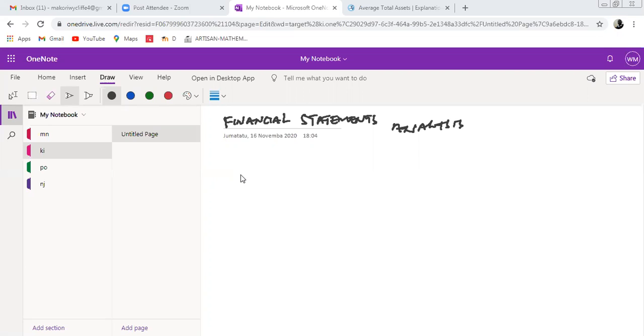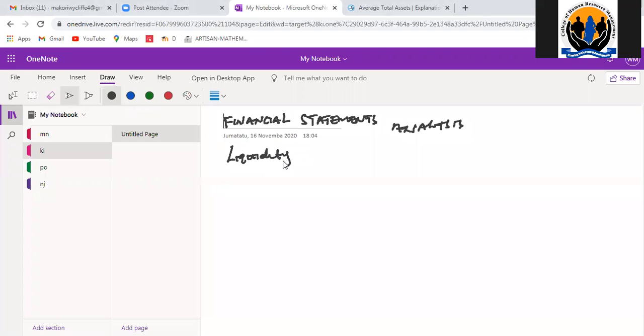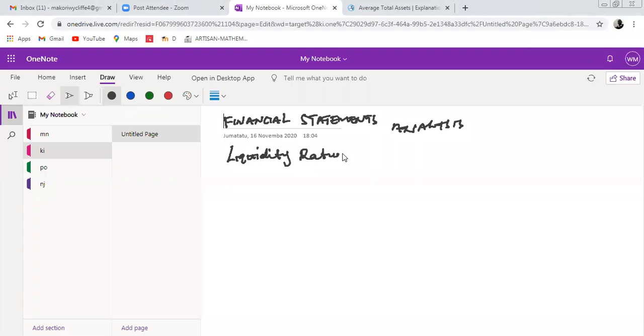But I want to go direct to the question where we are told for the year ended 31st December 2018, we calculate those ratios. But the ratios that I'm interested with are those ratios that fall under the liquidity. So the first one is the current ratio.